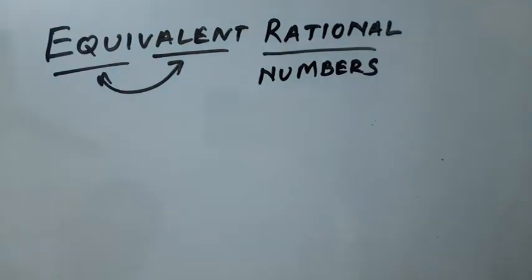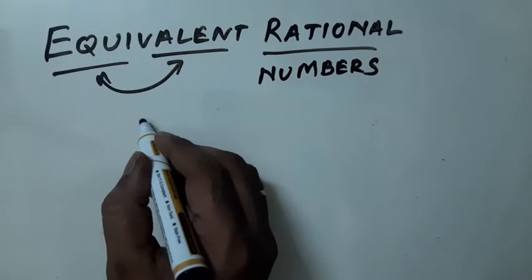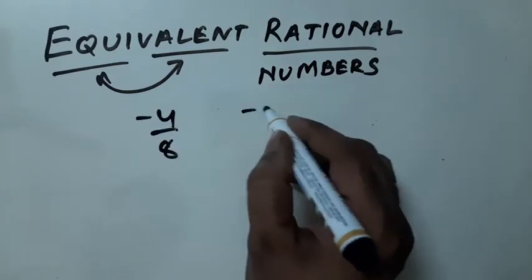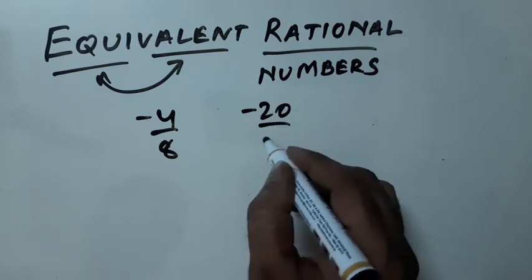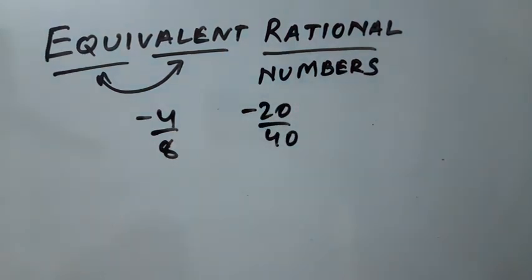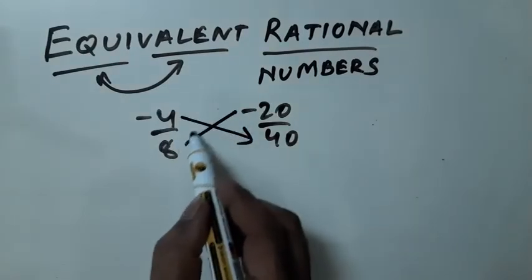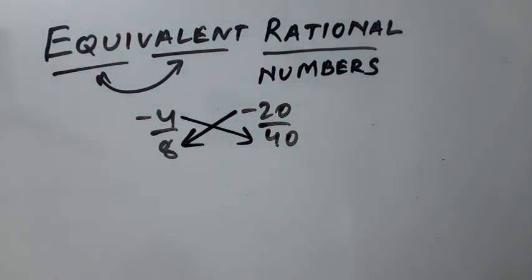Now let's see the cross multiplication method. Let's take the same example, minus 4 by 8 and minus 20 by 40. In the cross multiplication method, we multiply the first numerator with the second denominator and the second numerator with the first denominator.